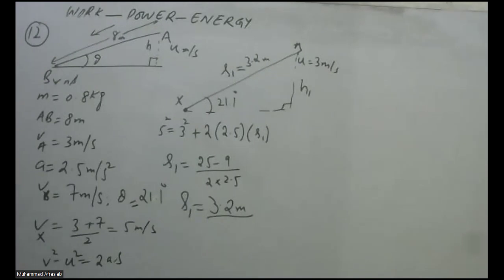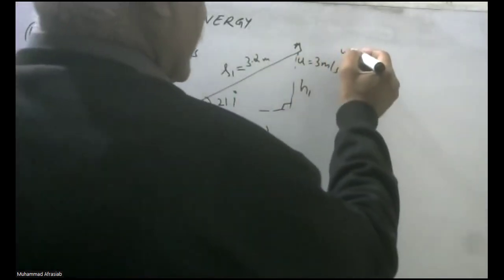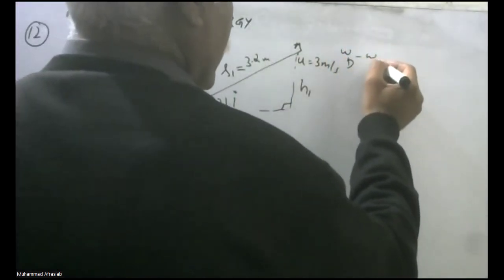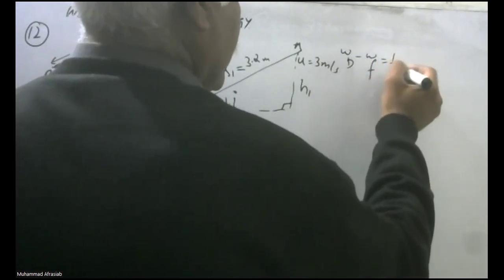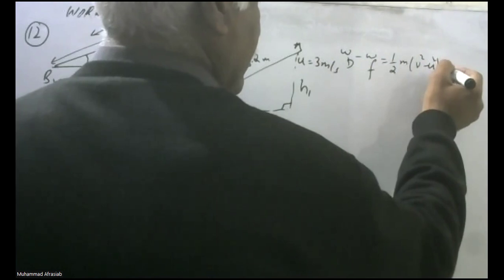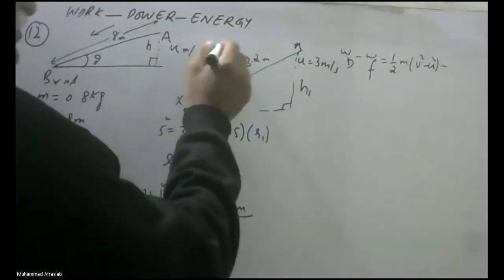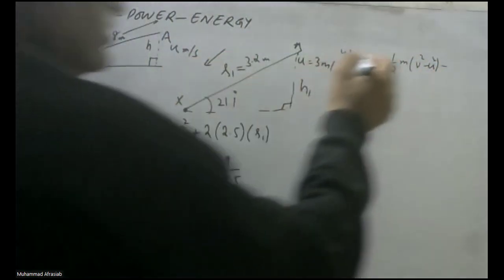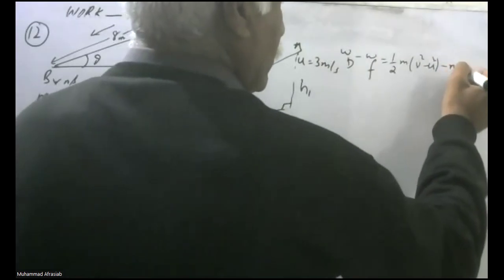And now we have to calculate the work done by the frictional force when it reaches the point X. We know that work done by driving force minus work done by frictional force is equal to change in kinetic energy of the system, because it is coming downward, so potential energy will be lost, minus mgh.